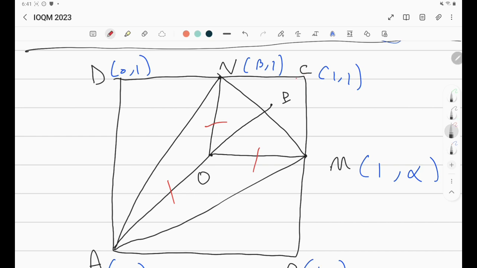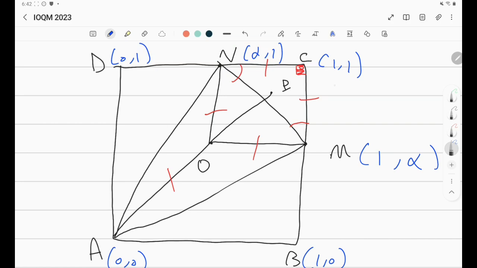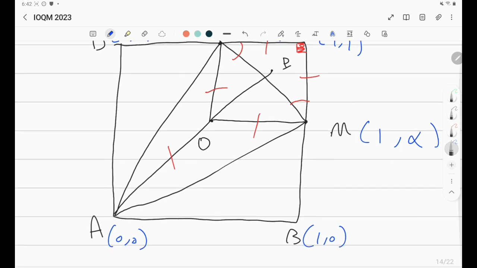Let's assume this thing is an isosceles triangle. This is equal to this. That means alpha is equal to beta. So this is 1, alpha and this is alpha, 1. Let's find alpha. This is 1 minus alpha, this is 1 minus alpha, and because this is now isosceles, this is root 2 times 1 minus alpha.